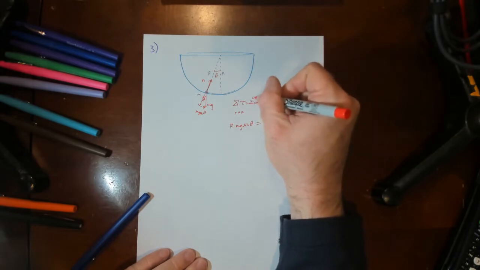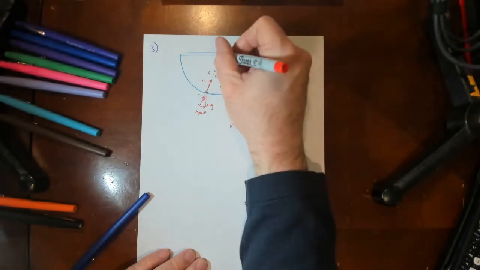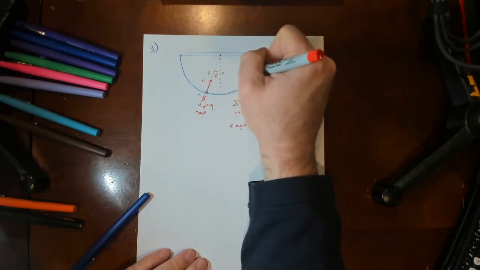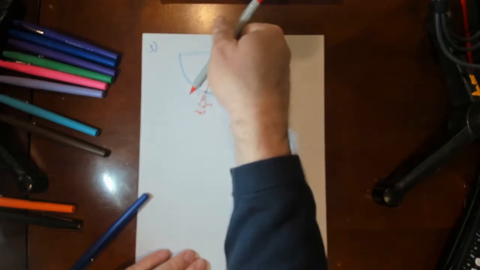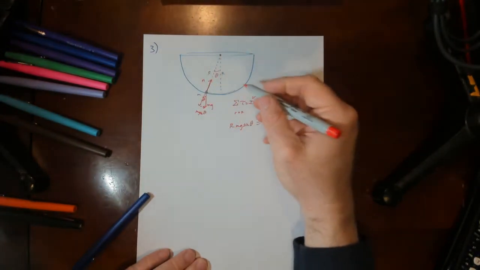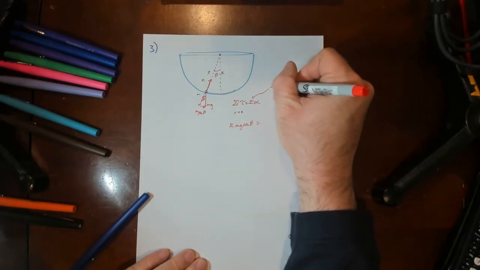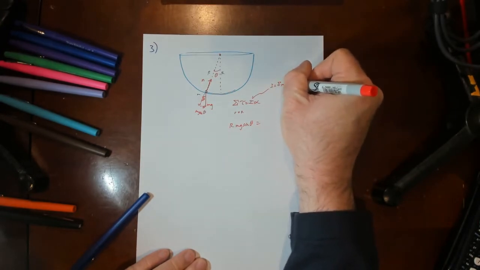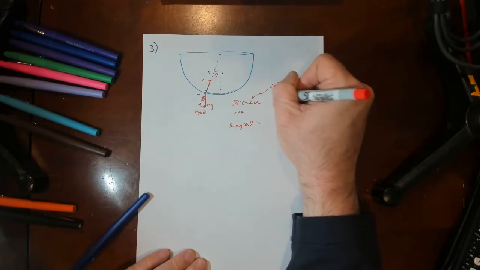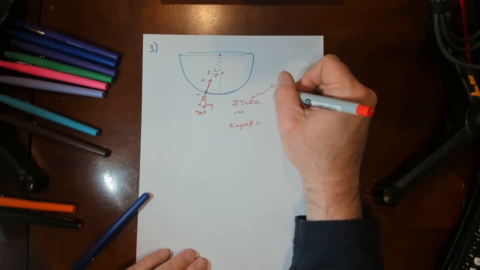Now, for I, remember we're treating this as a point particle. This is going to be our axis of rotation. We're thinking about it changing angle with respect to that point. So I is the sum of the m r squareds.